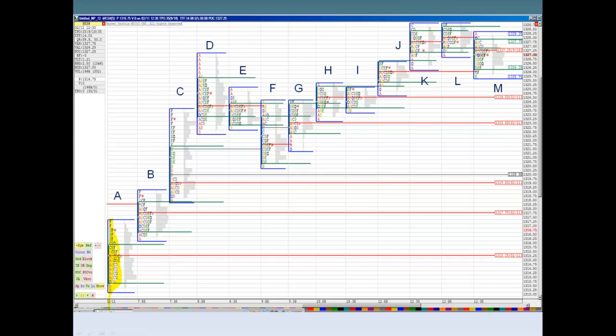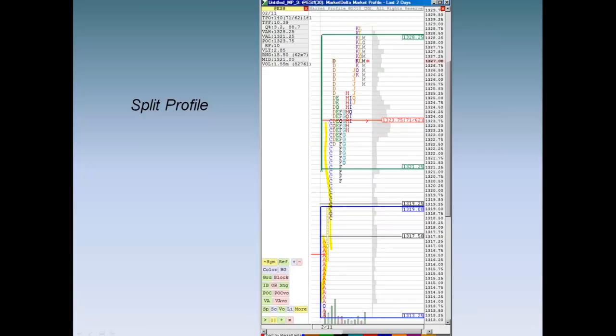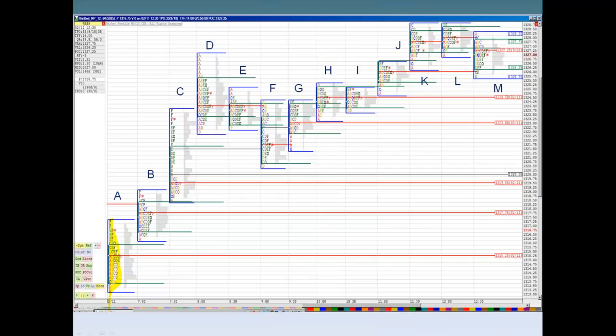Now, even though this is just a tiny little segment, it begins to give me a better idea that I would not be able to just discern from looking at period A from just this column of letters. I now have a little bit more information: the shape of the profile that made up this period A.